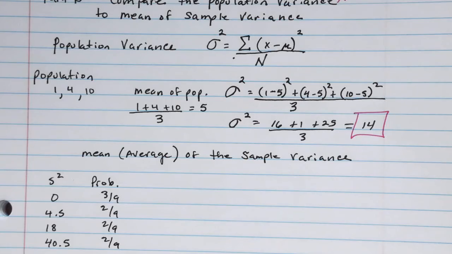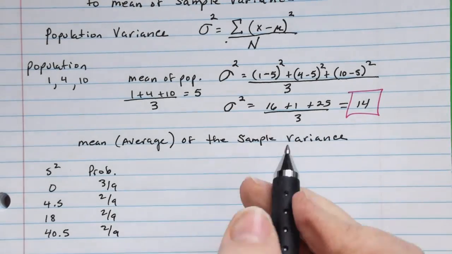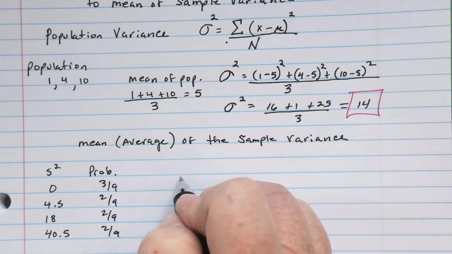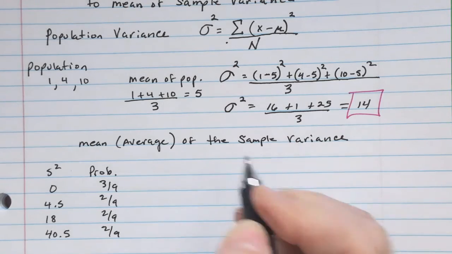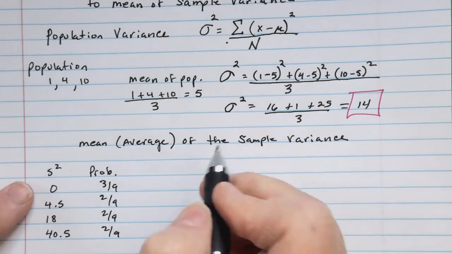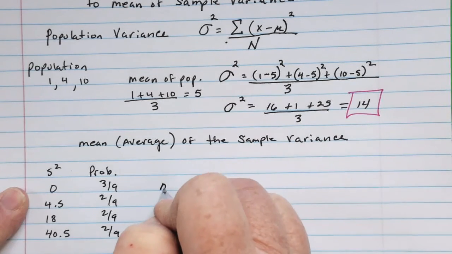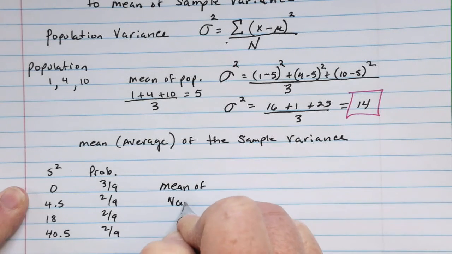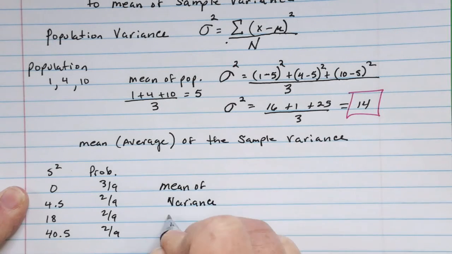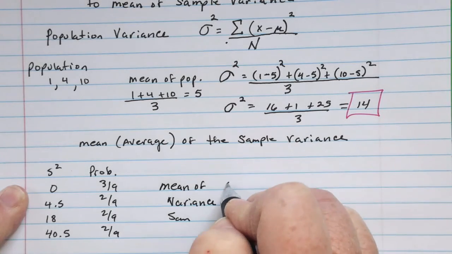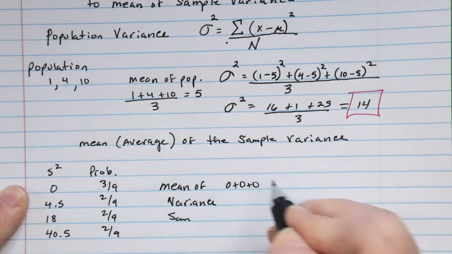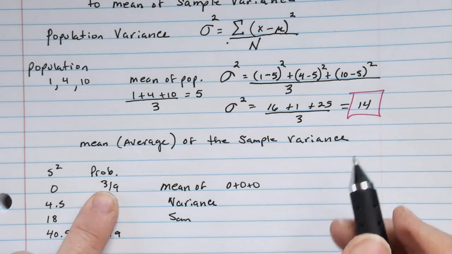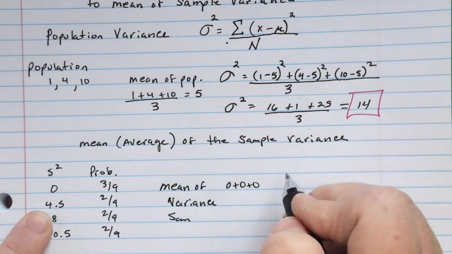So we want to just take a mean, and the easiest way to do that is just add them up and divide by how many you have, which should be 9. So getting our mean of the variance, and this is of the sample. 0 has no effect, but you do have 3 times that 0 will appear in your variance.